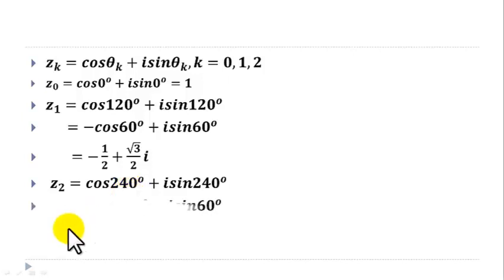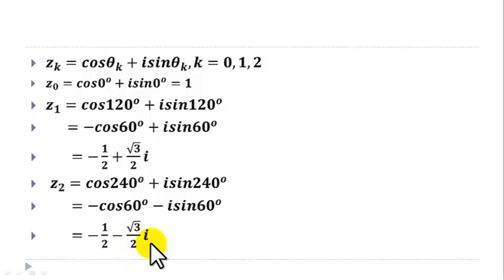So this is equal to minus cos 60 degrees minus i sin 60 degrees, which is equal to minus 1 over 2 minus root 3 over 2 i. So the cube root of unity are z0 equals 1, z1 equals minus half plus root 3 over 2 i, and z2 equals minus half minus root 3 over 2 i.